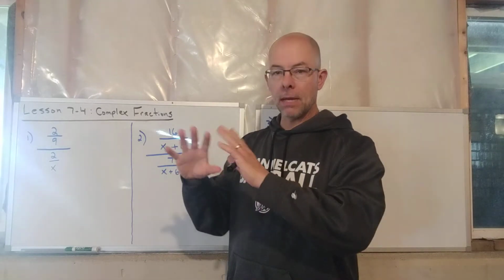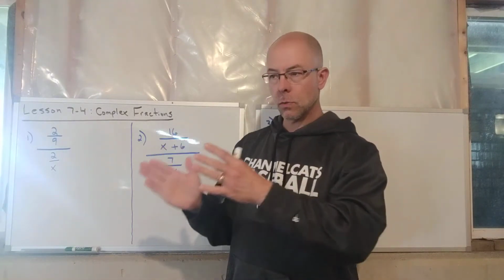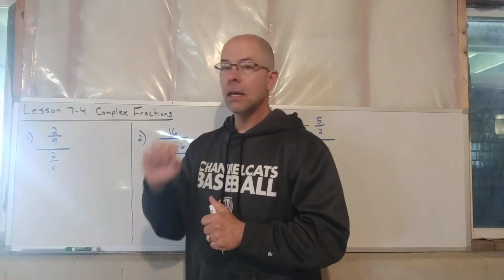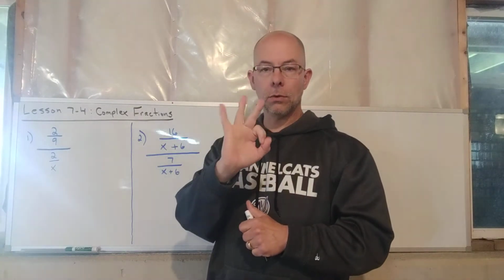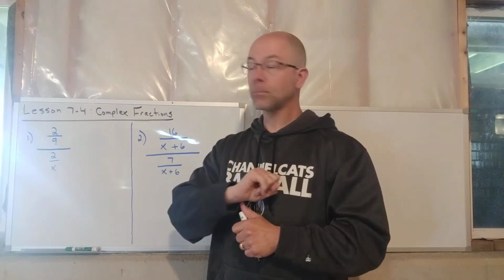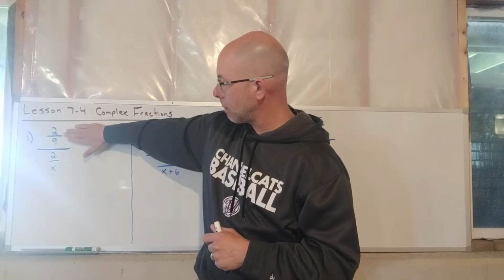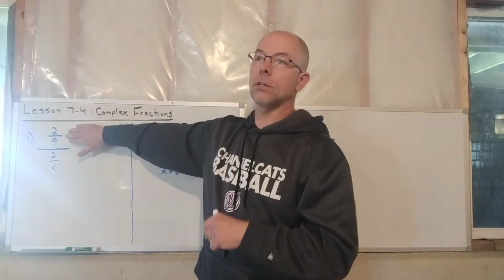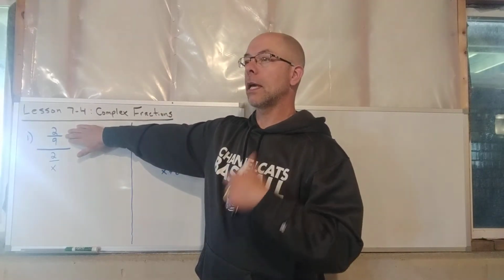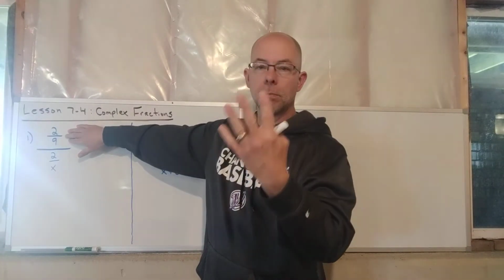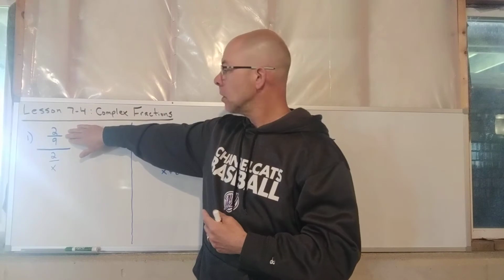So here's your basic idea, and like I said, you can pause this, replay this part. These are basically 3 problems in one. Problem 1. In the big numerator up here, if there's any work to do, anything like add a couple of fractions, subtract a couple of fractions, multiply a couple of fractions, whatever it is, do it.